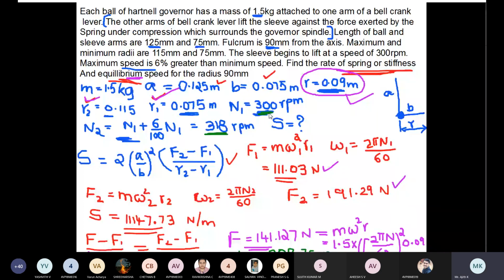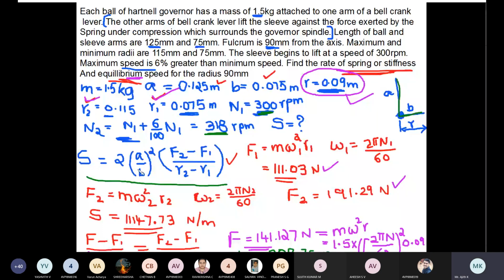We'll quickly summarize this one. Usually they will ask you to find out spring stiffness or rate of spring and also equilibrium speed in most of the questions. To find out spring stiffness, you have to remember this equation. There is no second option. Here A is the length of the ball arm and B is the length of the sleeve arm.